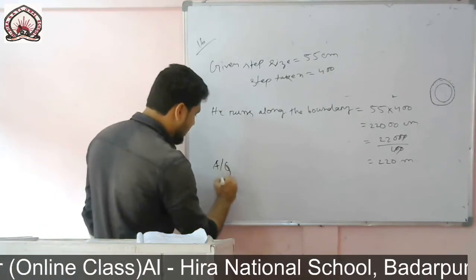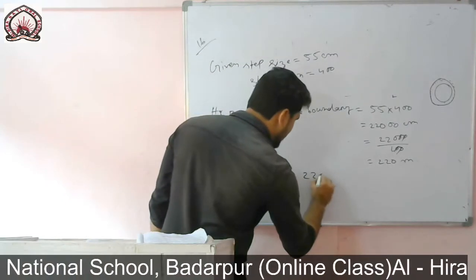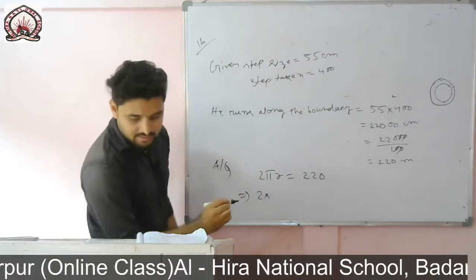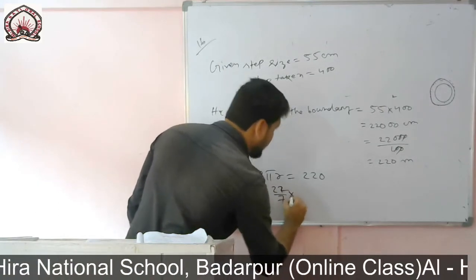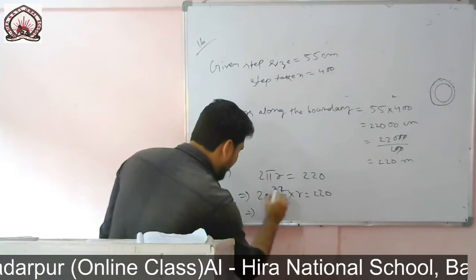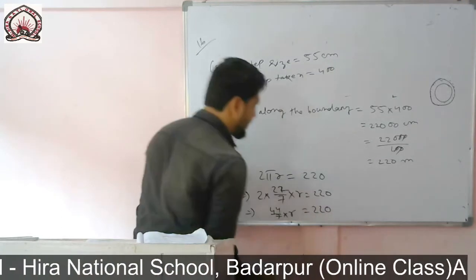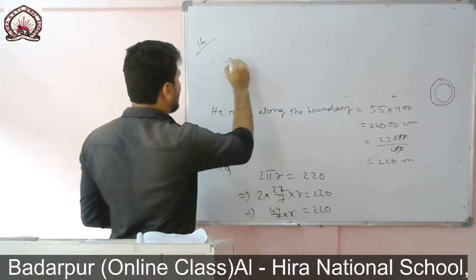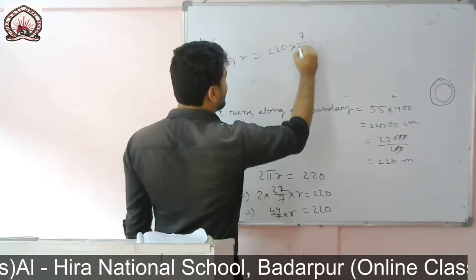According to the question, this will be equal to the circumference of the pond. I can write 2 pi r equals 220. Now, is any value of pi given? Write 22 by 7. So 2 into 22 by 7 into r equals 220, that is 44 by 7 into r equals 220. Then r equals 220 into 7 by 44.